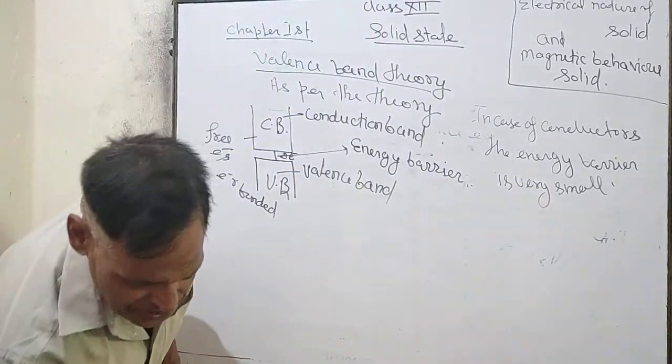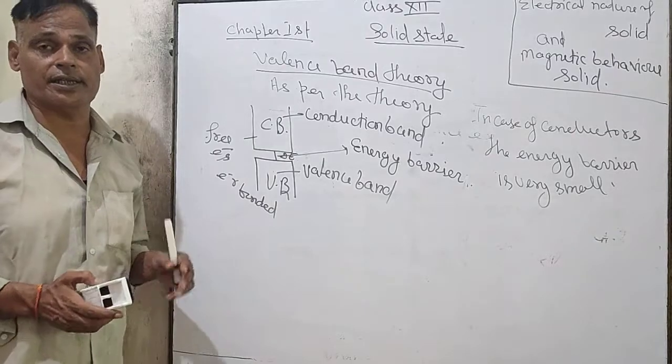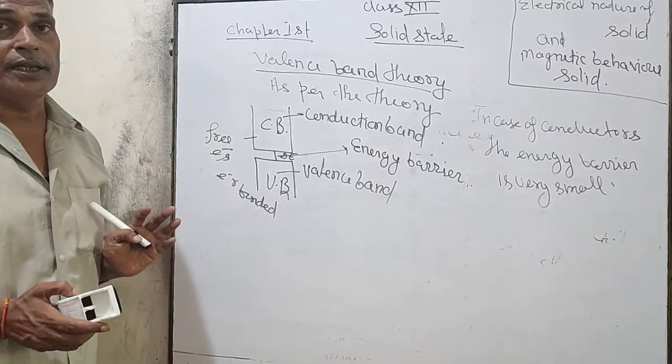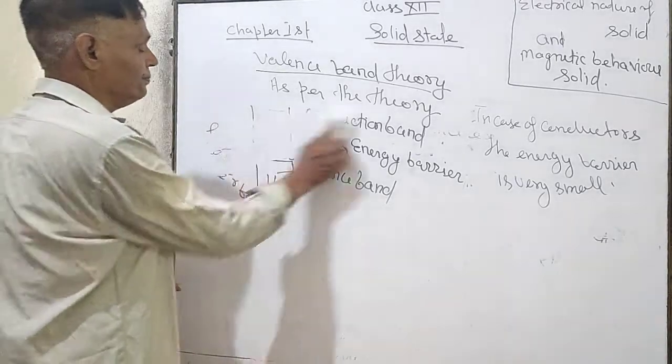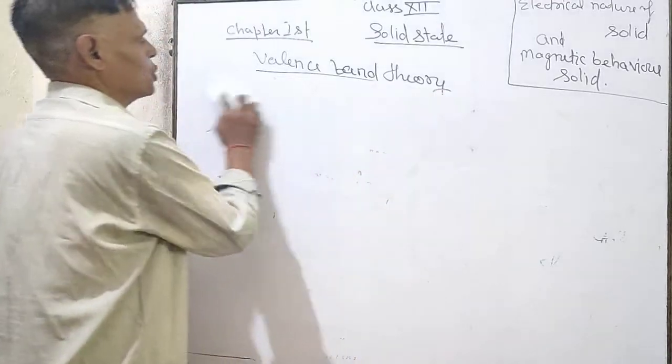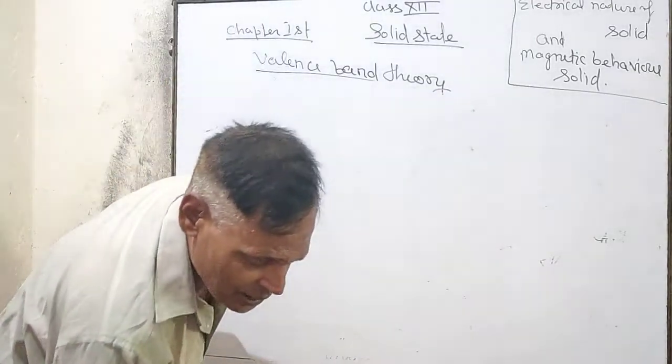There are certain metals which show high conductance. What is the idea of valence band in that case? Let us see. Metals showing high electrical conductance.